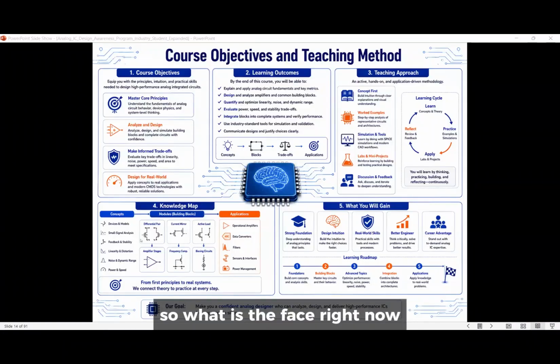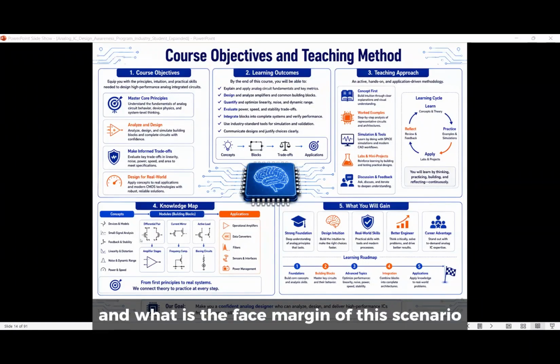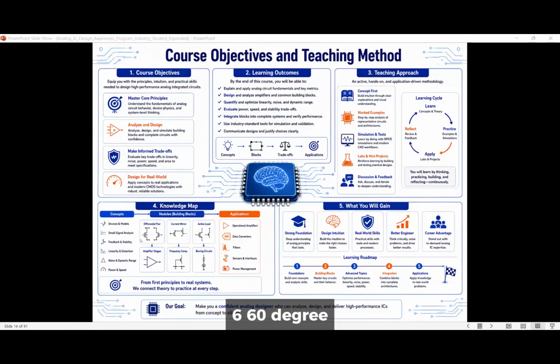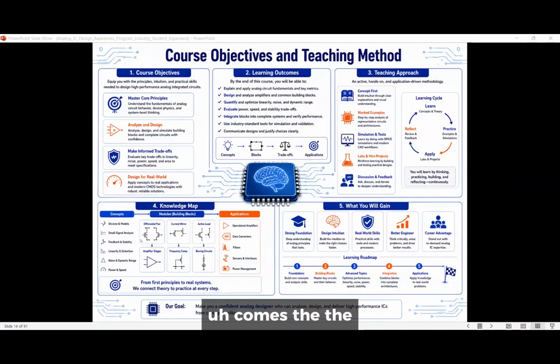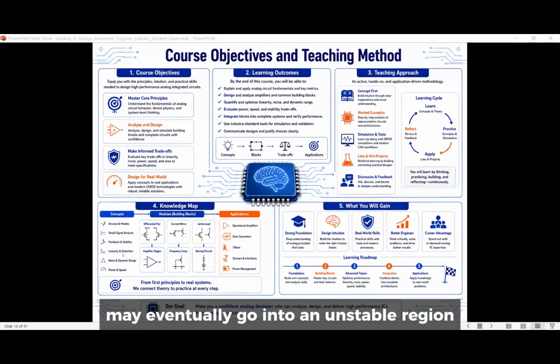What is the phase right now, and what is the phase margin? Normally we prefer a phase margin larger than 60 degrees, but if it is still small, for example, smaller than 30, then if the temperature or environment effect comes, your circuit may eventually go into an unstable region.